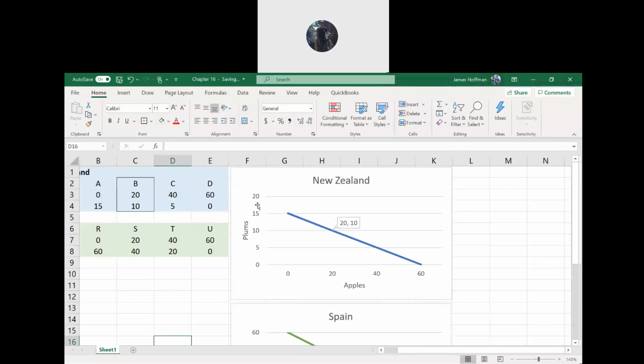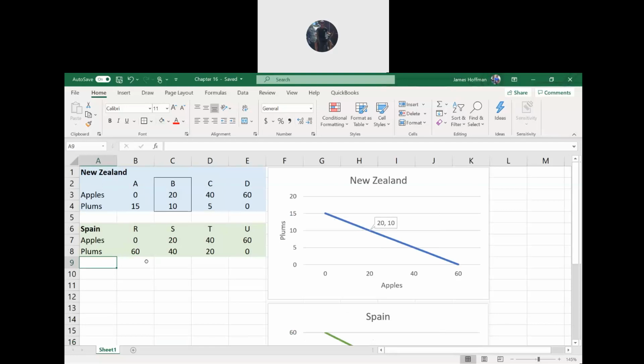And maybe I'll do the same for this one, just to show consistency. So this one on the table went from 0 to 15 in increments of 5. Okay, so I can just have it exactly like the table.